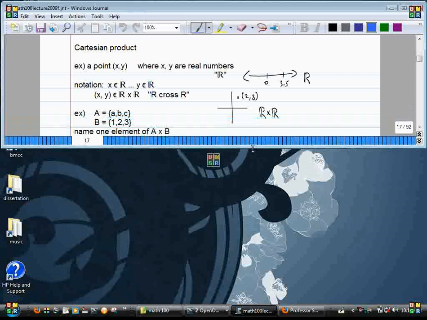A1. Yes. To be precise, A comma 1, but yes. Okay, so can someone else name another element of that set? B comma 2? Right. And C1, absolutely.